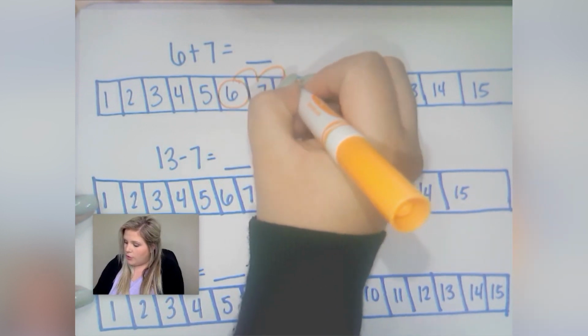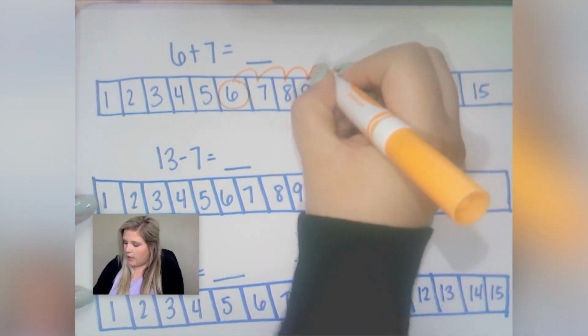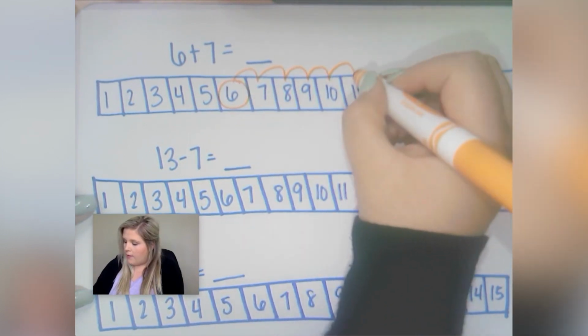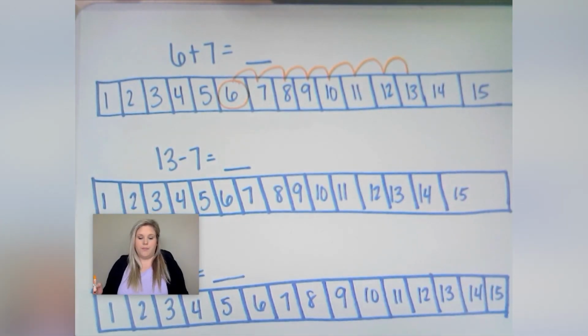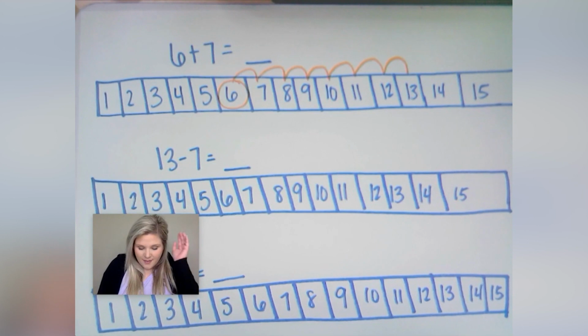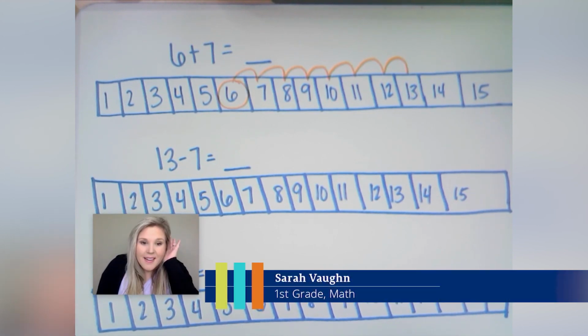1, 2, 3, 4, 5, 6, 7. What number did I land on? Right, I landed on the number 13.